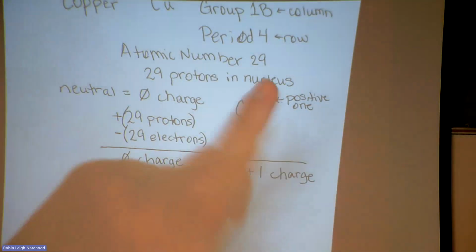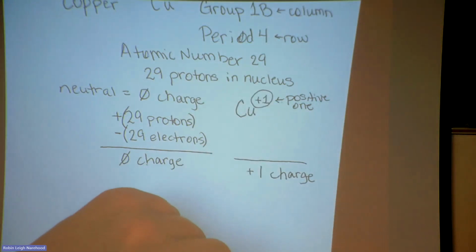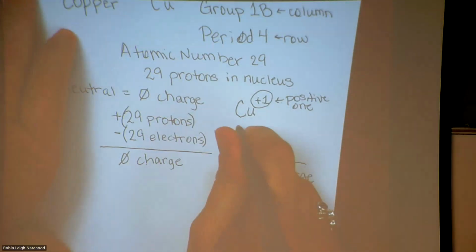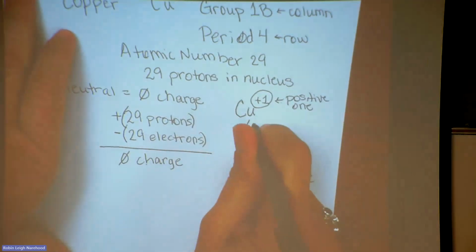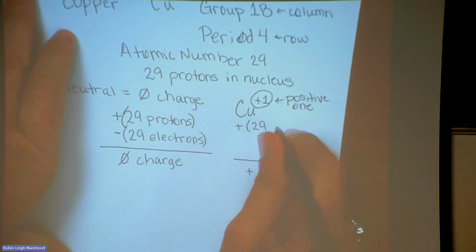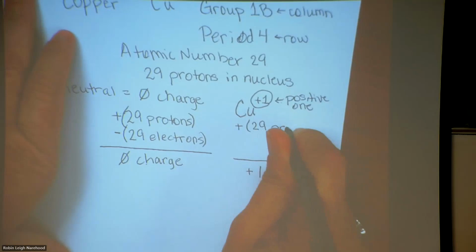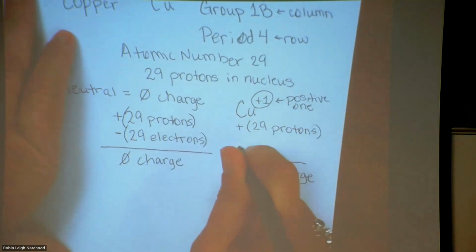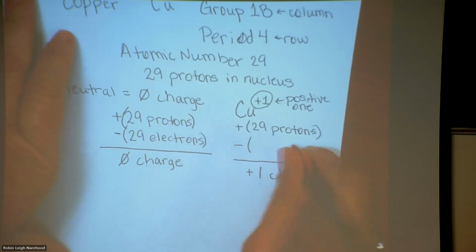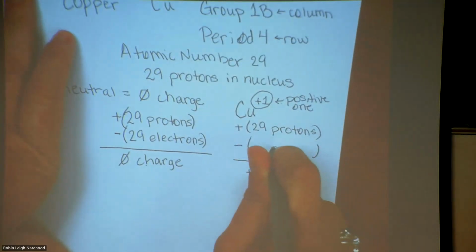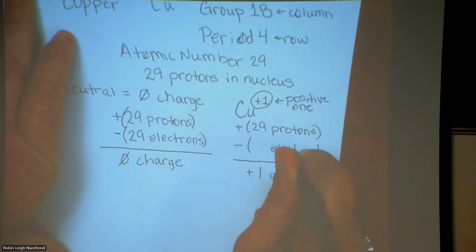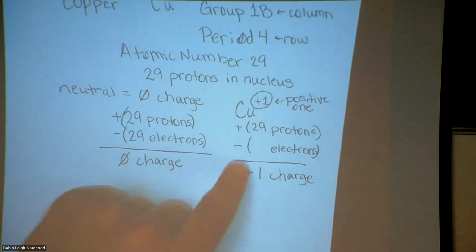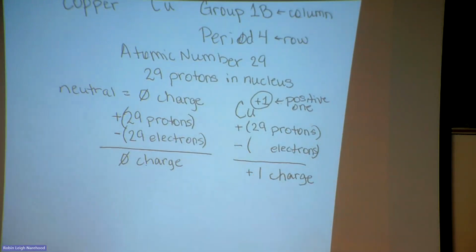It is copper, so how many protons is it going to have? 29. Because all copper has 29. And it's still going to have a lot of electrons, but there's just not going to be 29 of them.